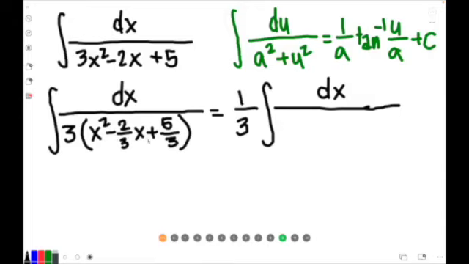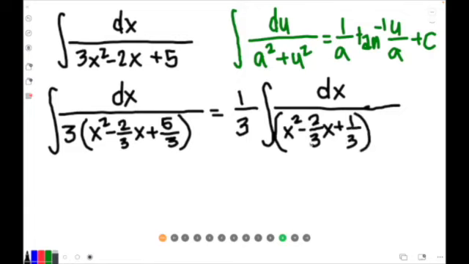So we now have the idea that in order to complete this square, we need to add 2/3 divided by 2, that would be 1/3. So now we write x squared minus 2/3 x plus 1/3.